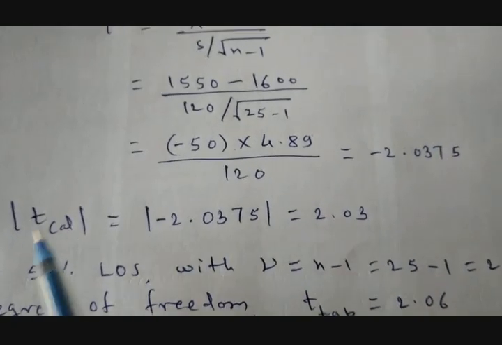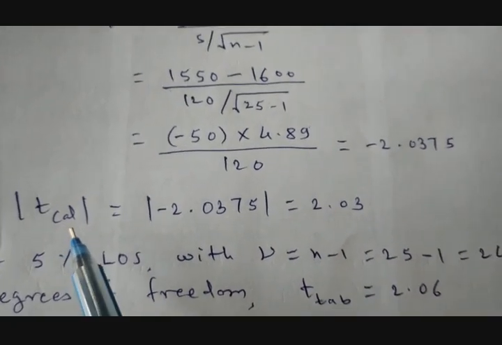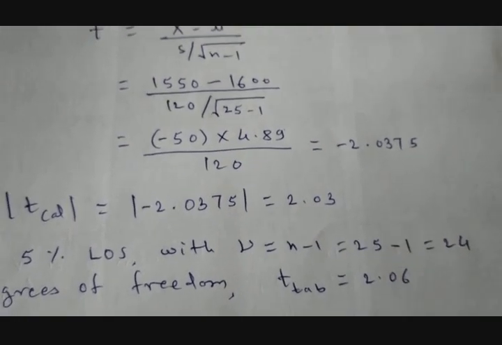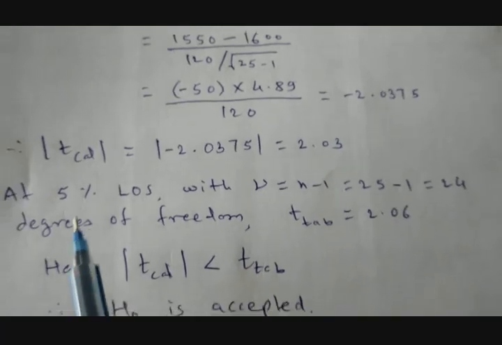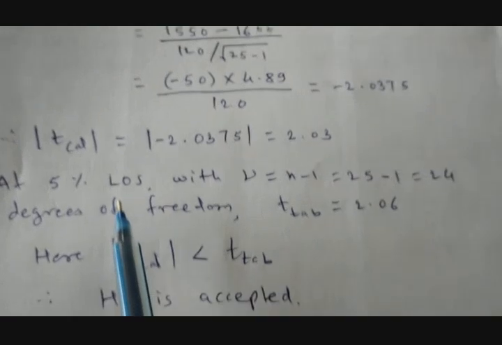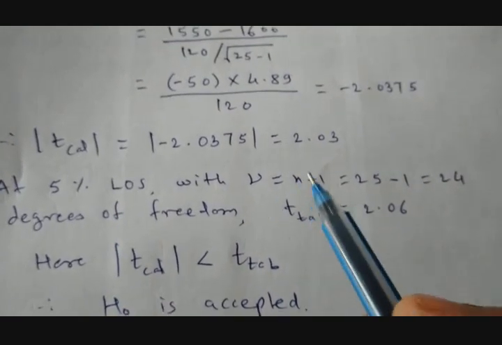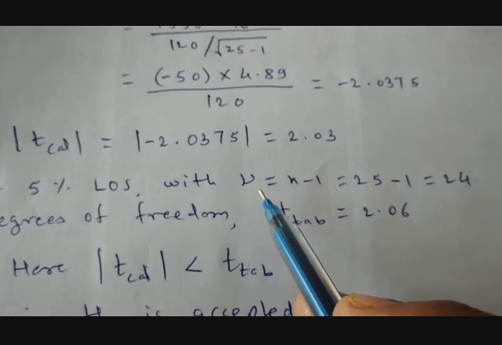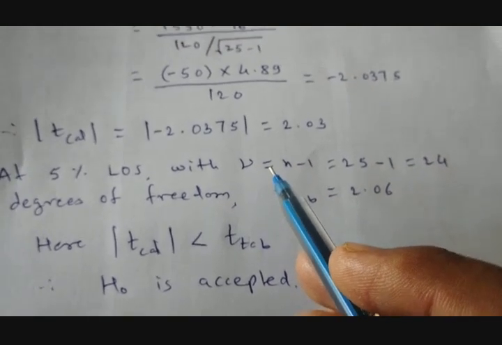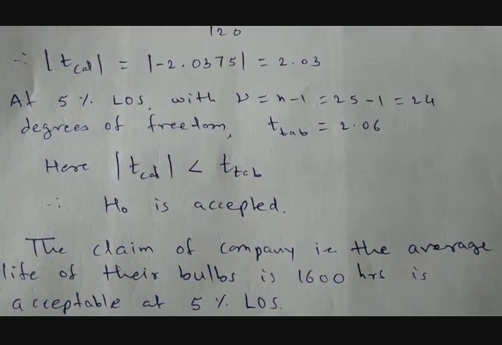So mod of t calculated, that is the positive value of t calculated, is 2.03. Now in the previous tests we considered just the 5% level of significance, but in the t-test we are using one new symbol which is called nu, and its name is degrees of freedom.